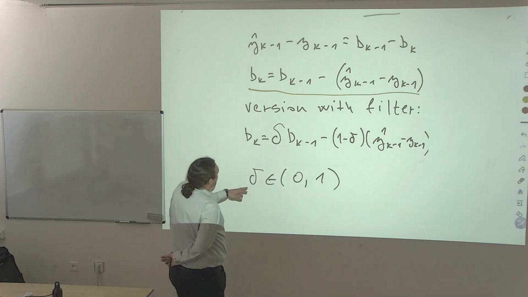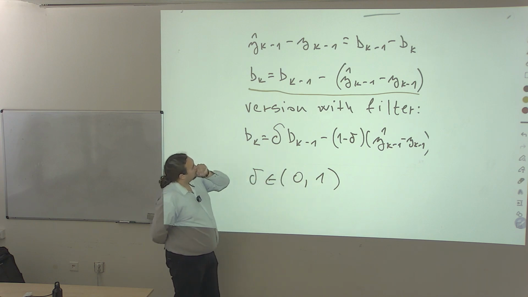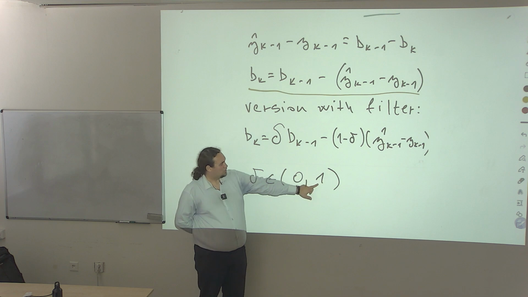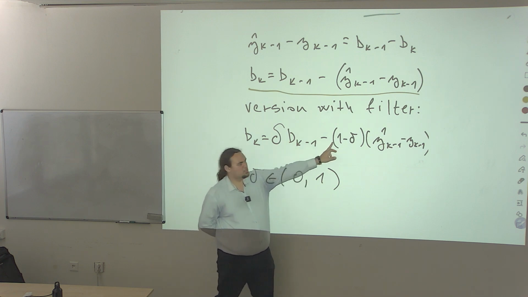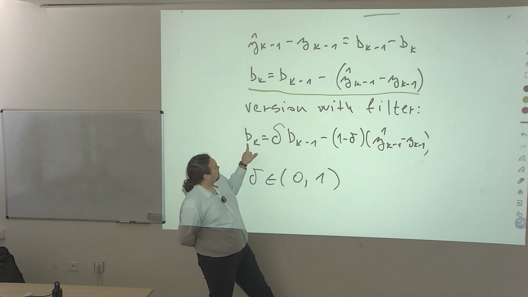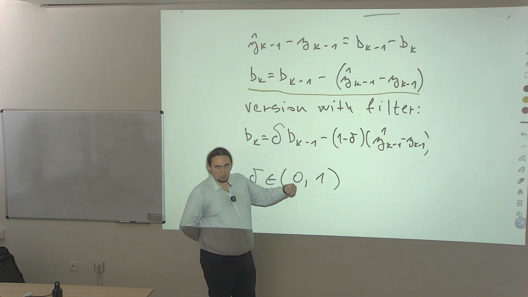By choosing the delta, what would happen if we choose delta to be close to 1? Then we are basically saying we do not trust our measurements that much. We are not going to change our bias that much based on the recent measurements.